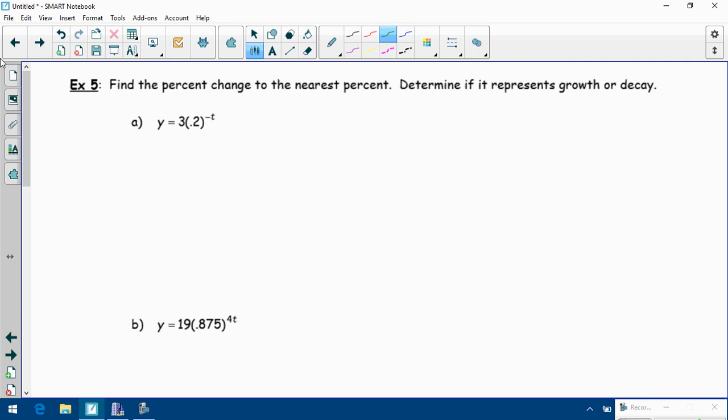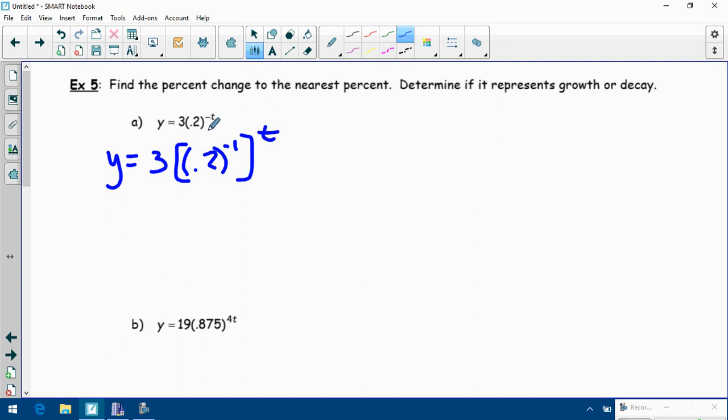All right, so first one, find the percent change to the nearest percent, determine if it represents growth or decay. I could graph this and see if it's growth or decay right away, but I can also see that if r is positive, then it's growth. If r is negative, then it's decay. So first off, we need to rewrite this as y equals 3 times (0.2 to the negative 1), all raised to the t.